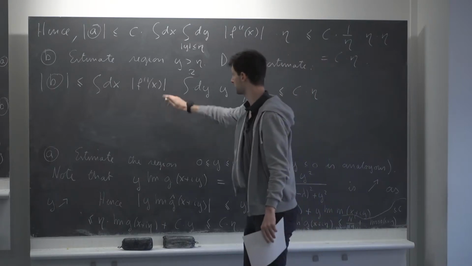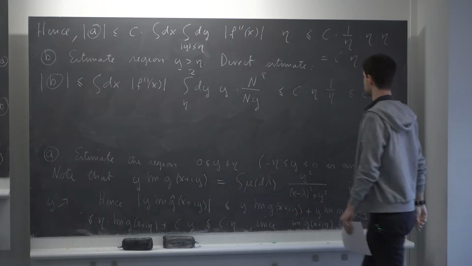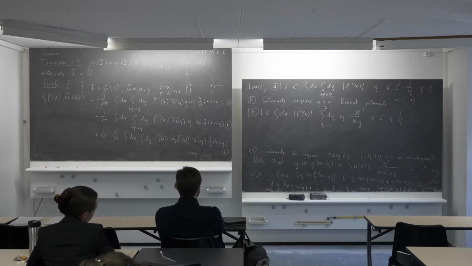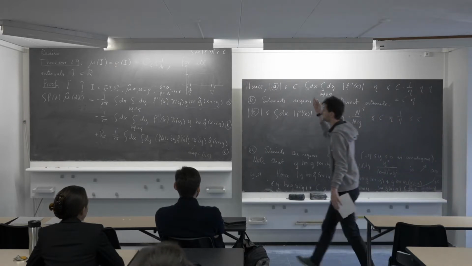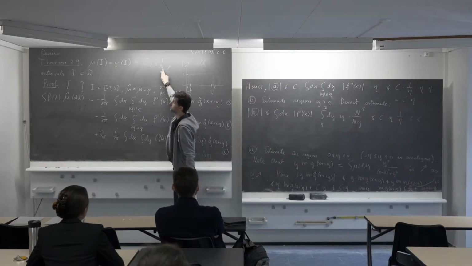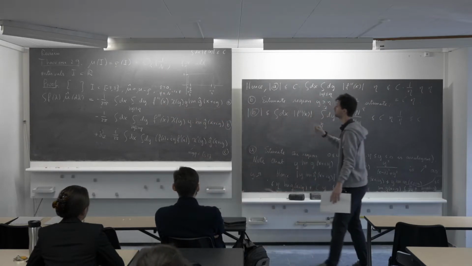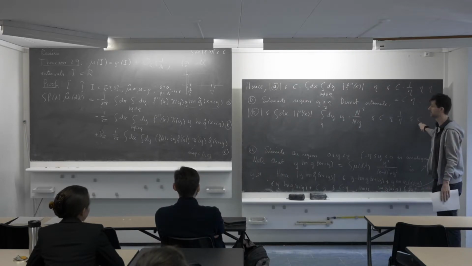But I still have the x integration, which gives me a 1 over eta. So I lose my eta, and I just get a constant factor c. And that's a disaster. This is way too big. Remember, we are trying to prove that this thing is of order eta. Epsilon, of course, is arbitrarily small, so we want to get an eta, or n to the epsilon over n. And this is way off. This is basically an empty statement.